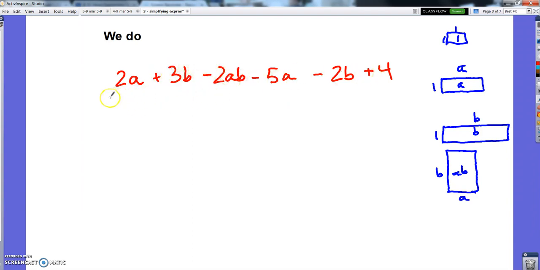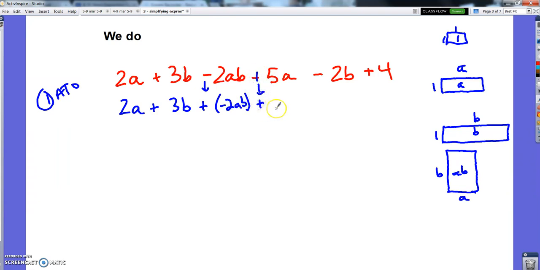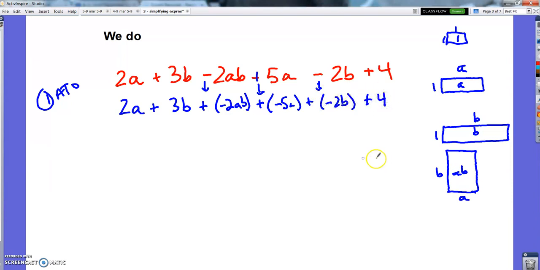Let me first add the opposite, because that's always going to make my life easier. 2A plus 3B, here's a subtraction, plus negative 2AB, plus negative 5A, plus negative 2B, plus 4.